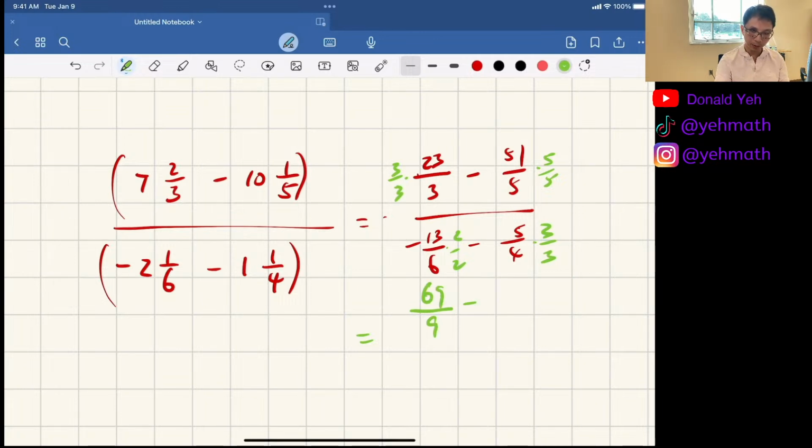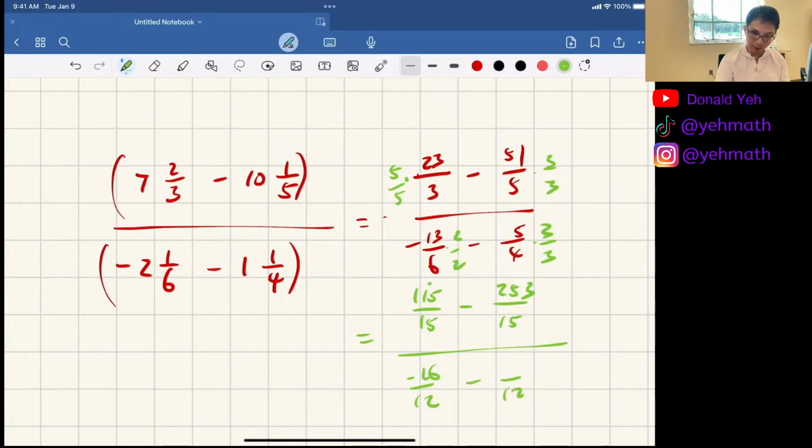Wait, sorry, this is the other way. So I need to multiply this by 5 over 5. This is 3 over 3. My fault. This one is going to be 15. 115 minus 15 over 12 minus 26 minus 12, 15.